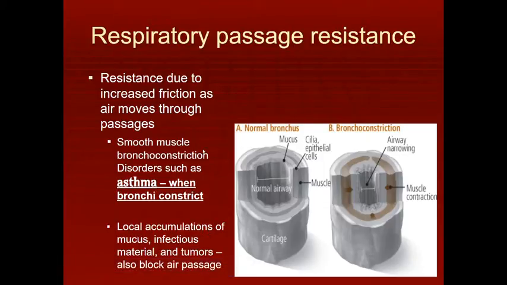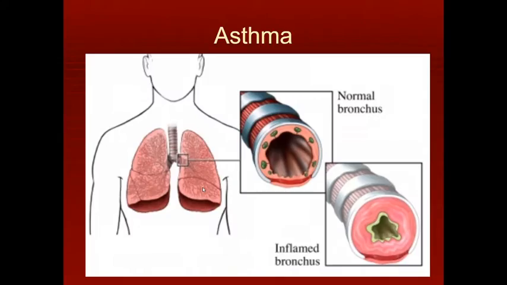But we also have the smooth muscle. If we get some vasoconstriction due to the smooth muscles, that's what asthma is. These smooth muscles are spasming, cutting down on that airway, and air is unable to get in or out of the system. And so there's your asthma.